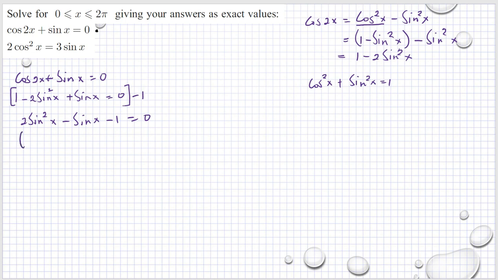Now we have 2 sine x, and then sine x. We have negative this time, so this one will become negative and this one positive, because 2 sine x multiplied by negative becomes -2 sine x, and added to sine x gives negative sine x. So we have (sine x - 1)(2 sine x + 1) is equal to 0.